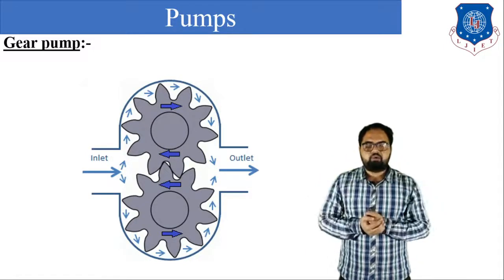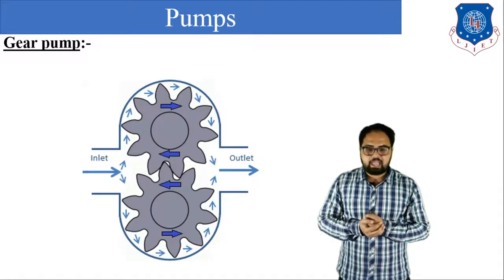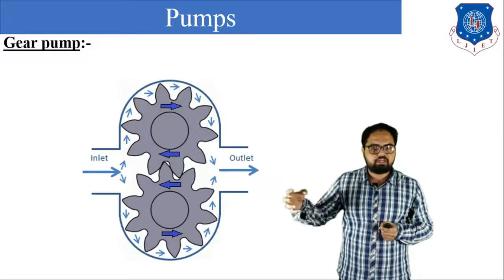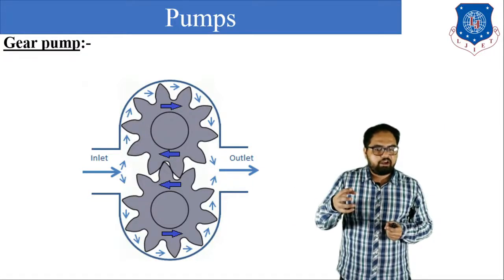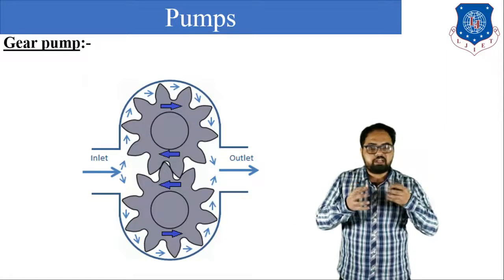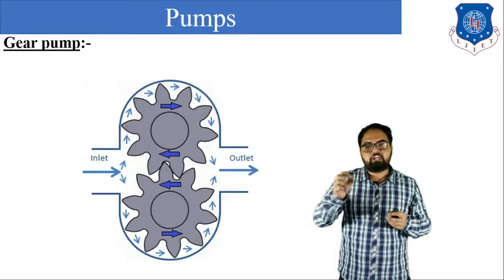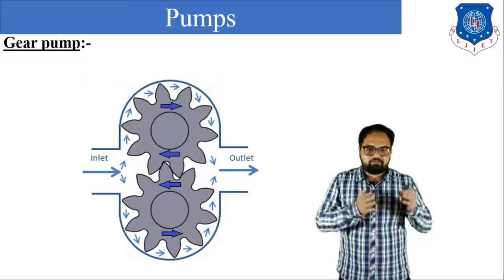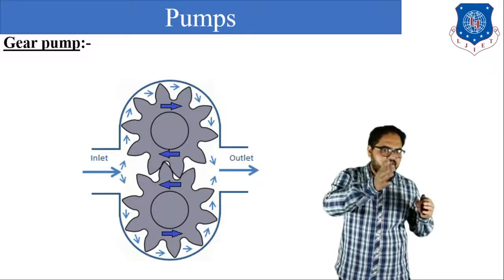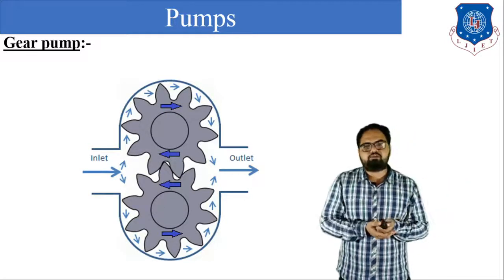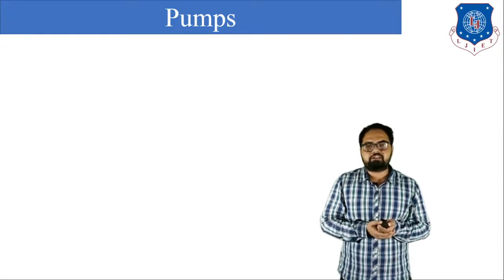Due to this rotation of the mechanical elements, or we can say gears, negative pressure is generated at the inlet side, and the highly viscous liquid is entrapped between the gaps of the gear teeth. When those gear teeth reach near the outlet portion, with high pressure energy the liquid gets discharged.